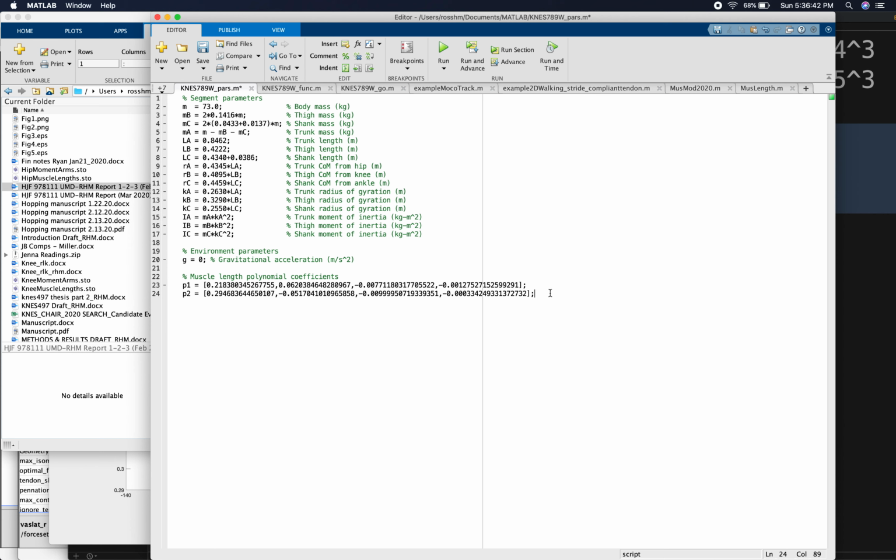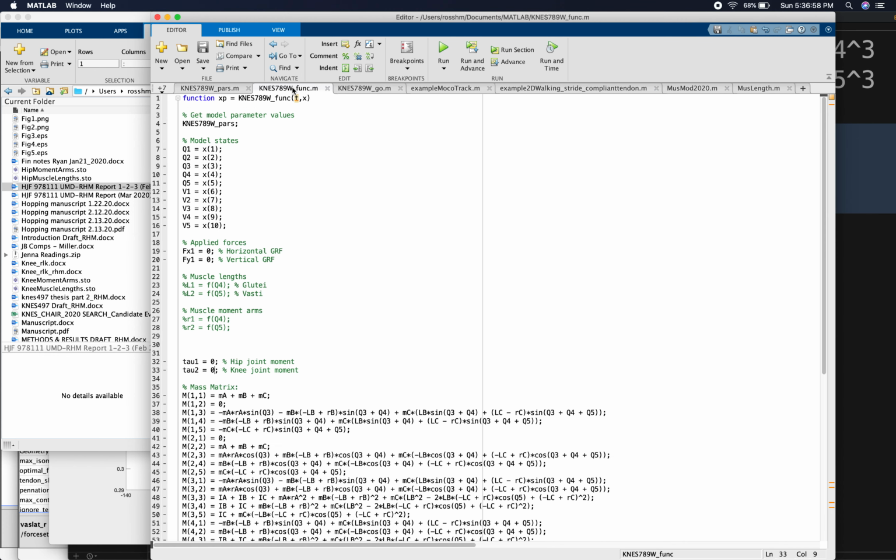Okay, those are all we need for polynomial coefficients for our muscles. And now we can go into our model function and define the lengths of the muscles, not in nebulous form but in actual form.